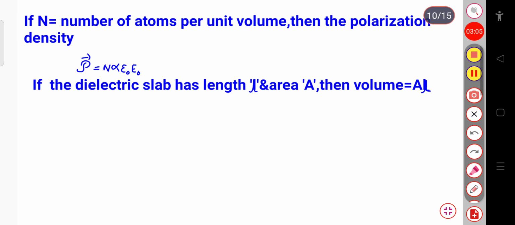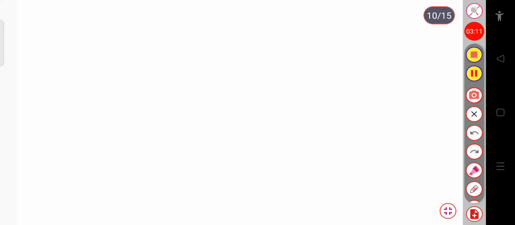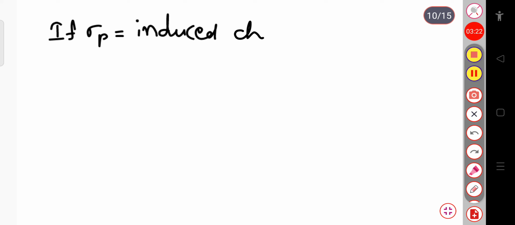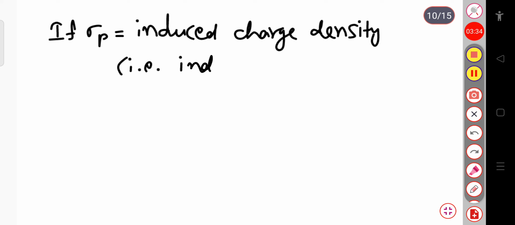If the dielectric slab has length L and area A, then the volume will be equal to A into L, and sigma P is the induced charge density. This induced charge density means the induced charge per unit area.